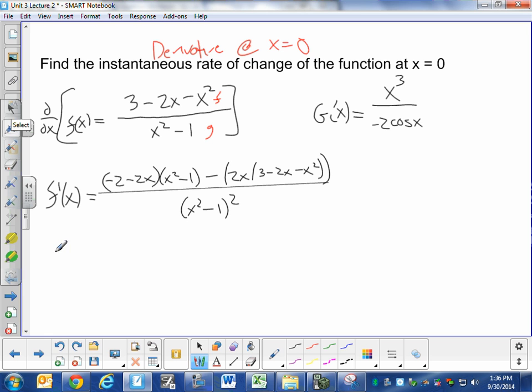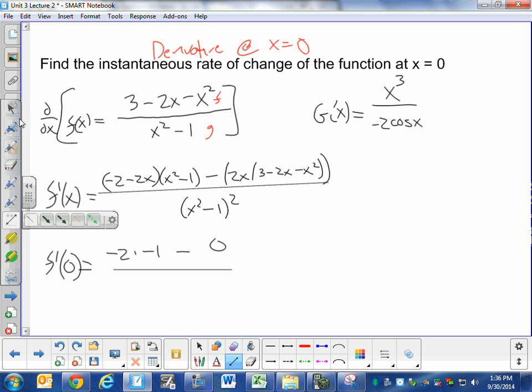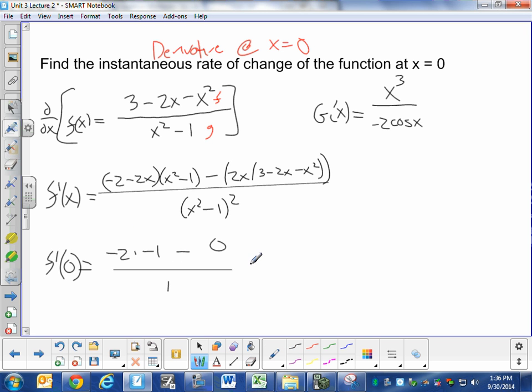However, if I'm plugging in 0, it's not that bad. I get -2 times -1 minus, this entire thing would be 0, all divided by -1 squared, which is 1. So this would just be +2. Okay, so though it's a mess, though we can simplify it, I'm sure we can simplify it a lot. Sometimes we don't want to, because it'll just make things harder to work with.